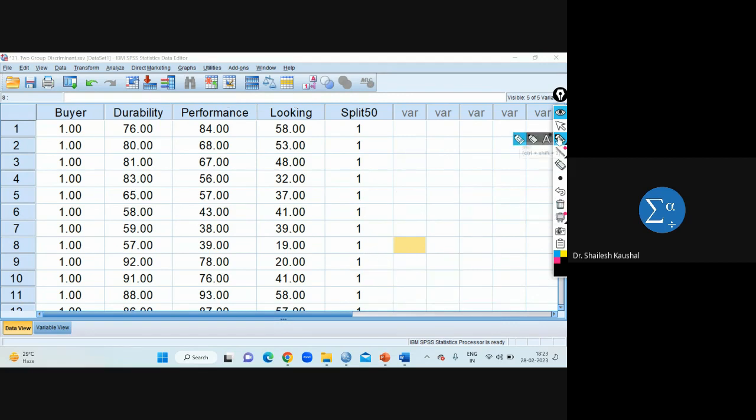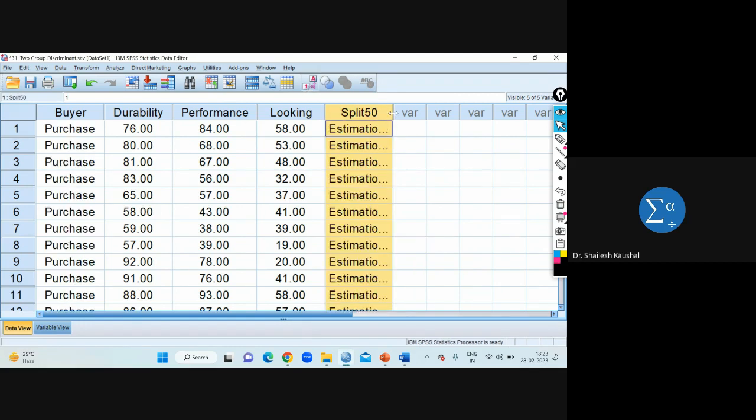So I have divided this sample into two mutually exclusive groups. Here you can see the estimation sample.